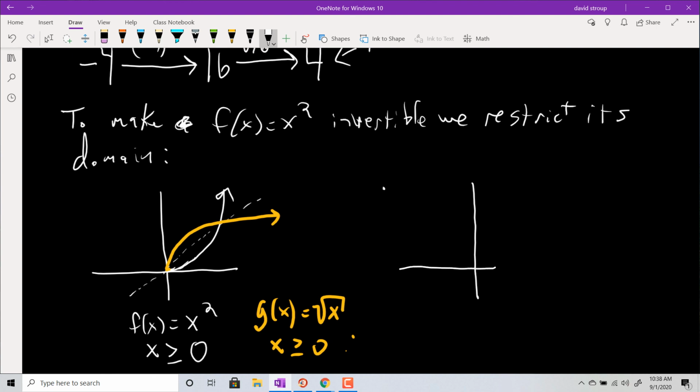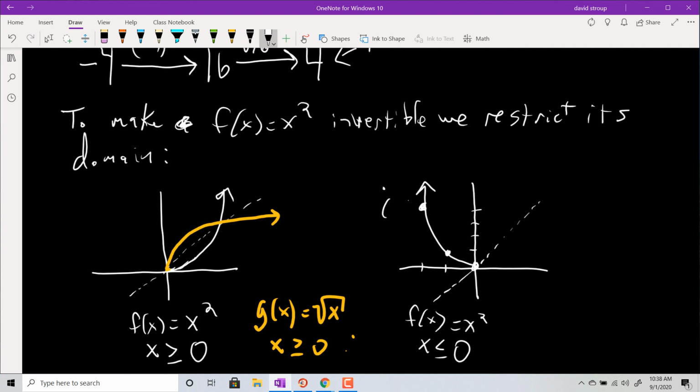So instead we could say, let's take this half. So that's f of x equals x squared, but the x values are less than or equal to 0. And in that case, when we reflect it about the line y equals x, I may need some helper points here. So this maybe is 1, 1, and then 2, 4. To get the points on the inverse, you just take the reverse of those ordered pairs.